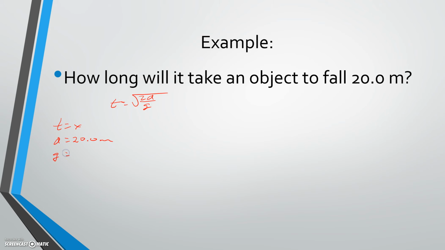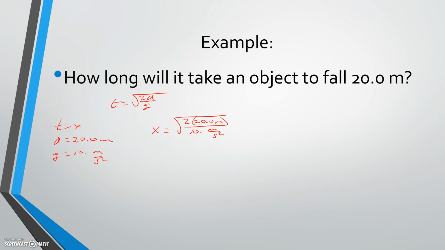G is our acceleration due to gravity, which we know is 10 meters per second squared. Now we'll plug in our values. So t equals the square root of 2 times our distance, which for this problem is 20.0 meters, divided by our acceleration due to gravity, which is 10 meters per second squared.